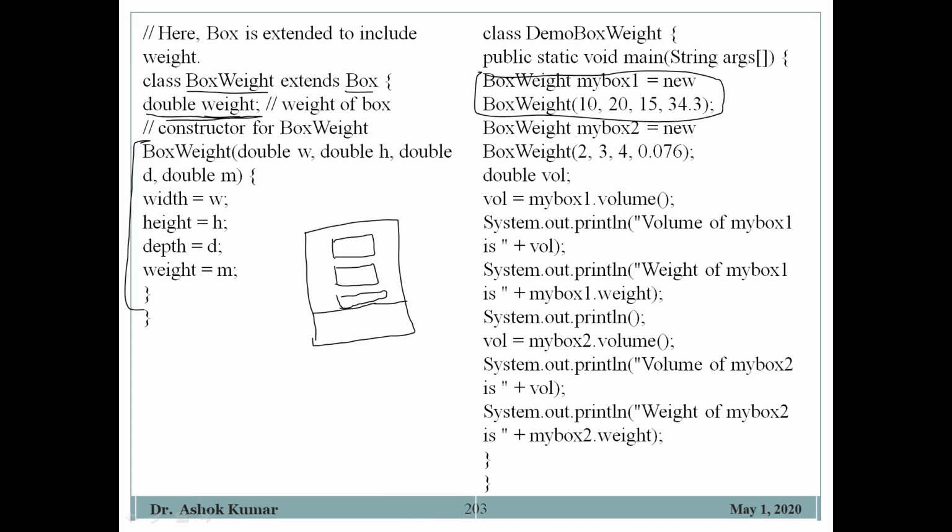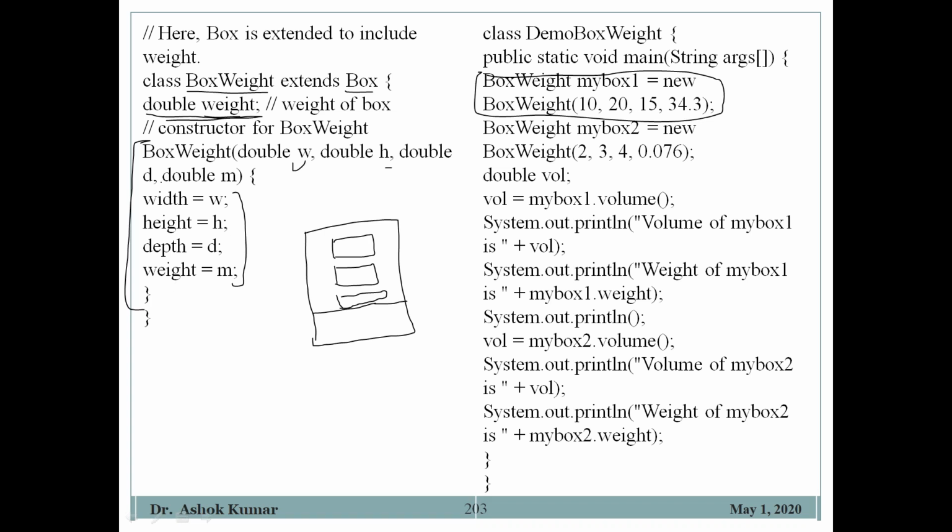And here we are calling the constructor with four parameters. So this will get called. So W will get value 10, and H, D, and M will get 20, 15, and 34.3 respectively. So when the body of the constructor is executed, these values will be assigned to the instance variables.